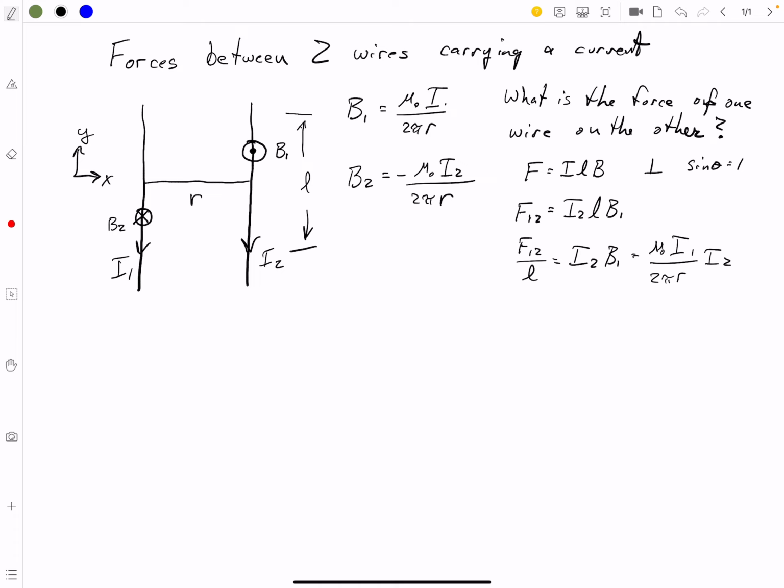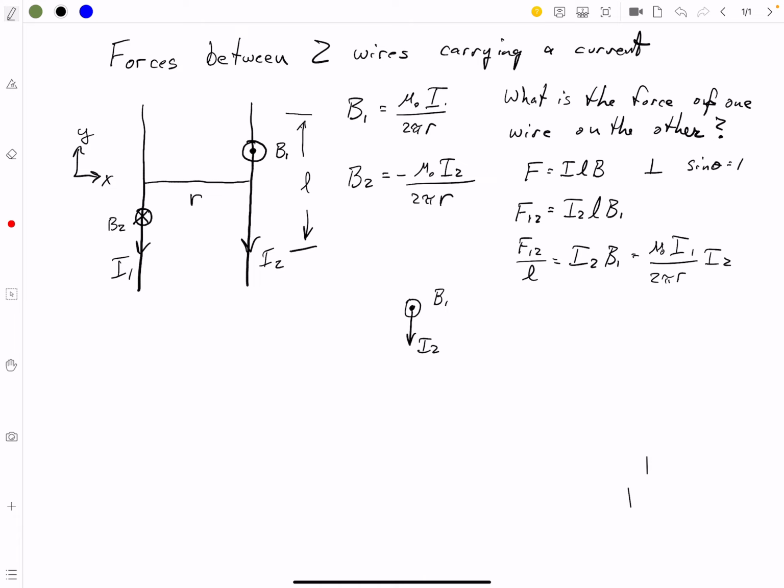Here we have I2. Okay, it's going down. Out of the page, we've got B1. So when we do one cross the other, we've got I2 going down. We put our fingers along I2.